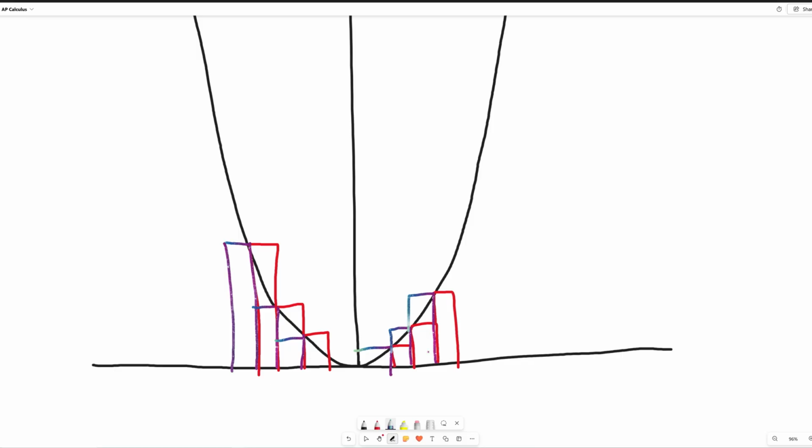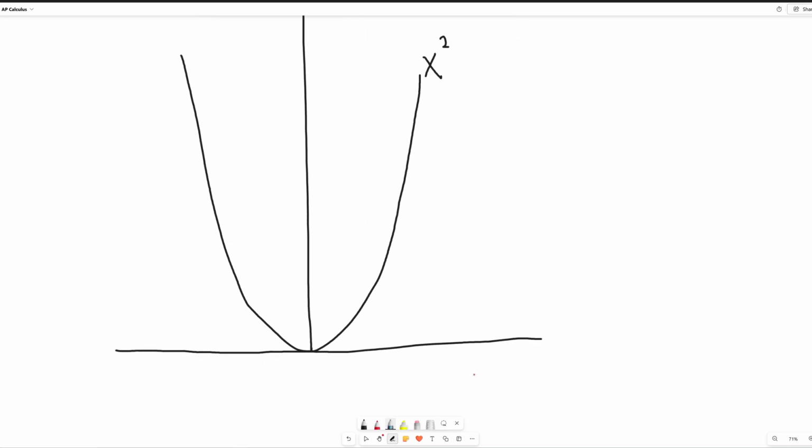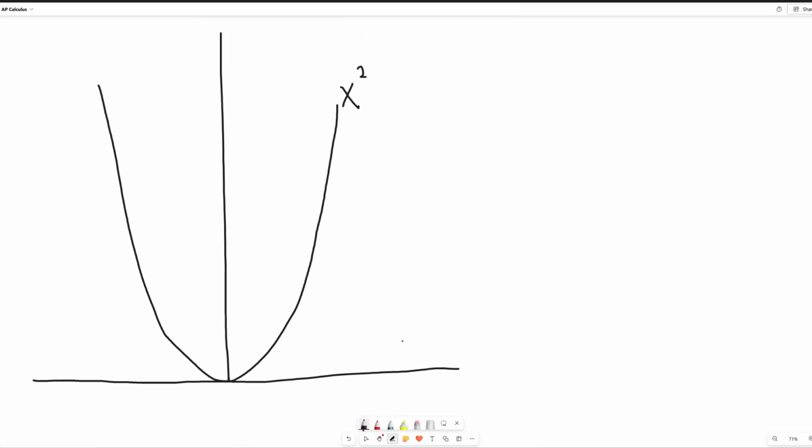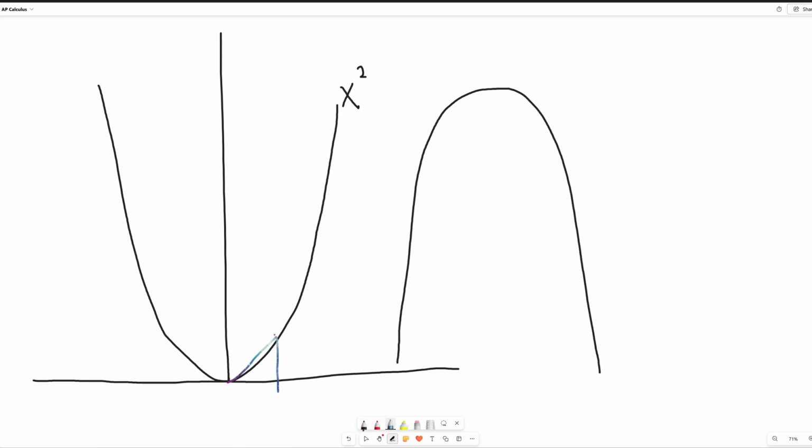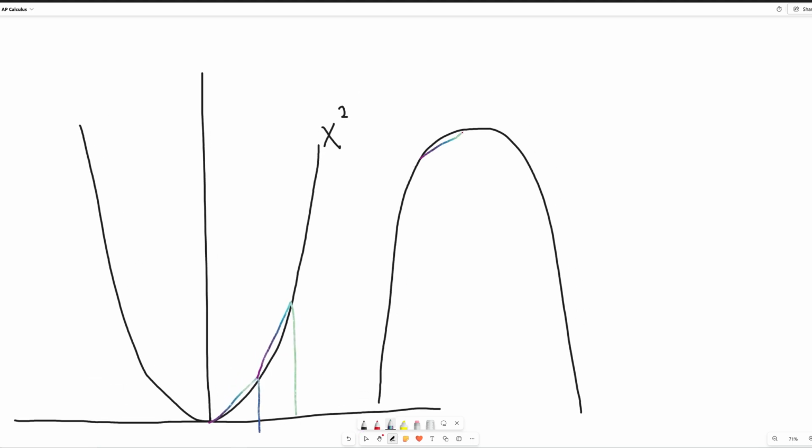Okay. And then I'll give a concave down graph. Trapezoids are overestimates on concave up, and then they end up being underestimates on concave down. As you can kind of see here, there's this extra area.